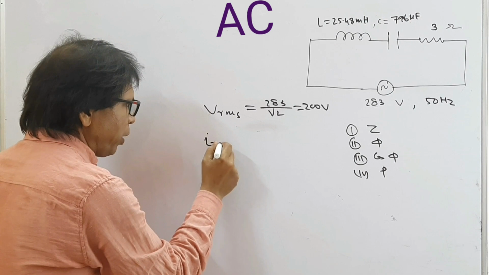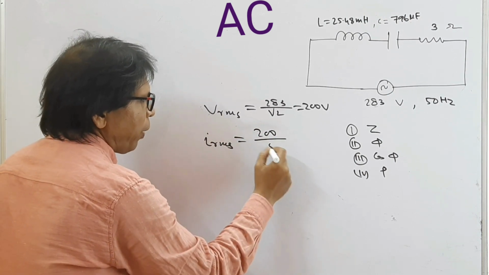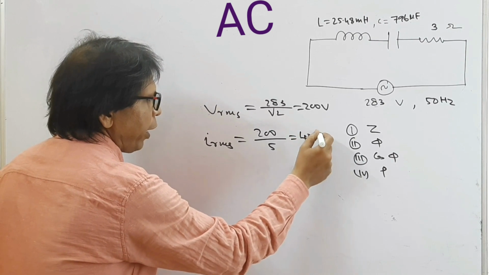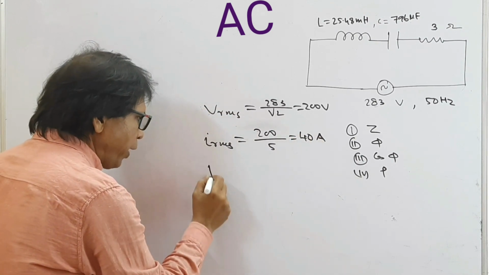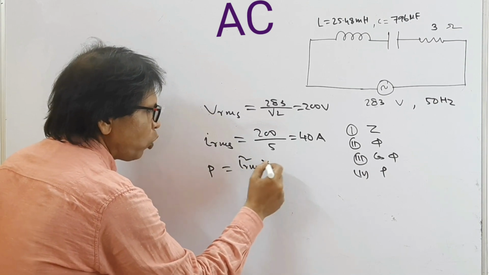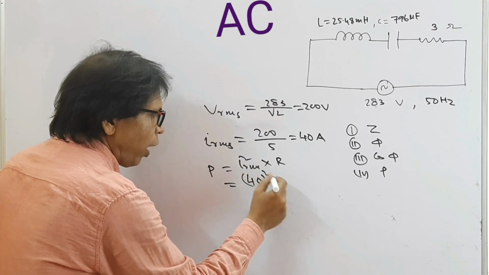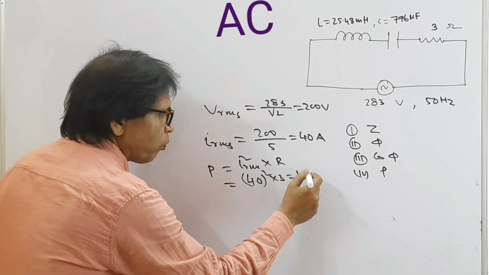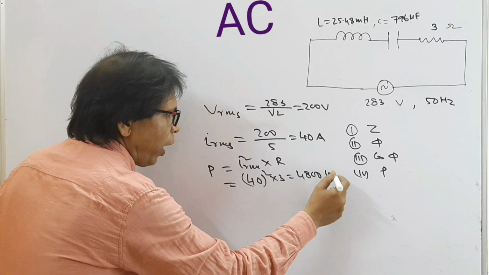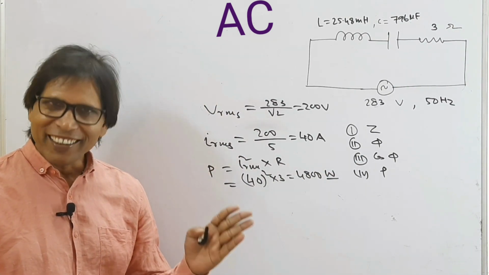Now IRMS equals 200 by 5, so this is 40 ampere. Now power dissipated is IRMS square into R. Now this is 40 square into R equal to 3, so this is 4800 watt, the power dissipated in the circuit. Okay, understood?